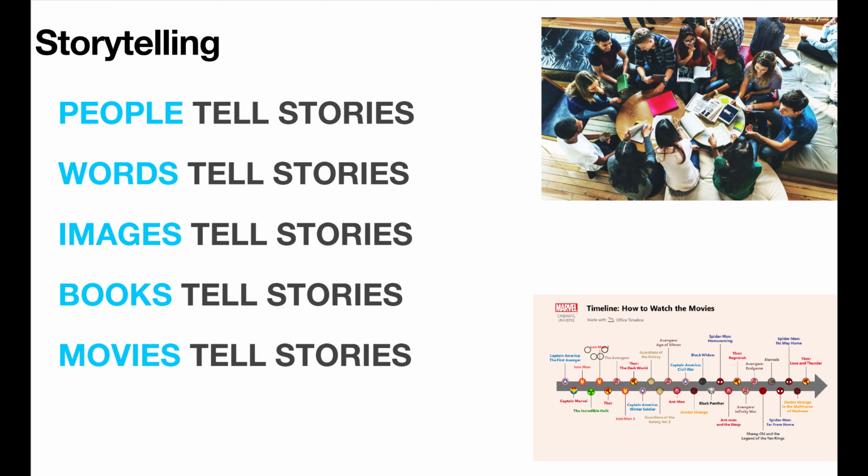story. Here in the lower right, we have an example of a graphical story about the timeline order of the various Marvel Cinematic Universe films up through Thor: Love and Thunder. There have been some since then.